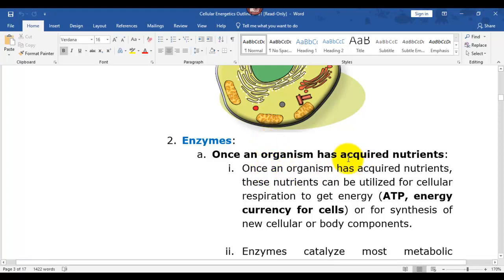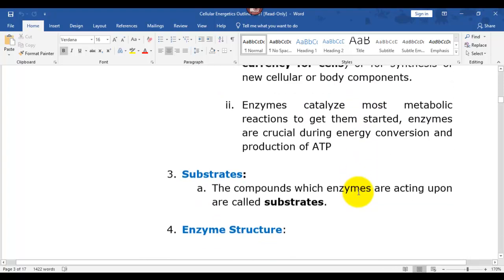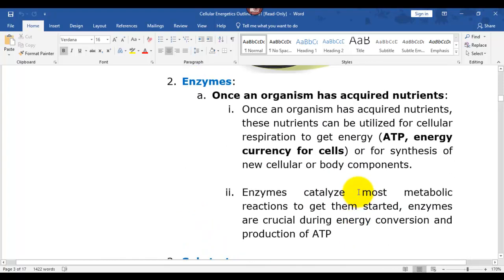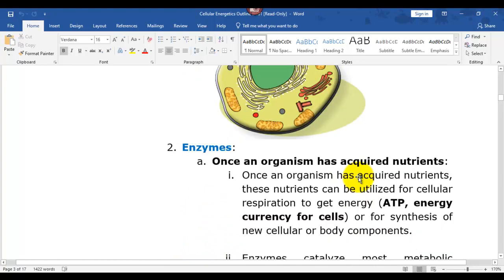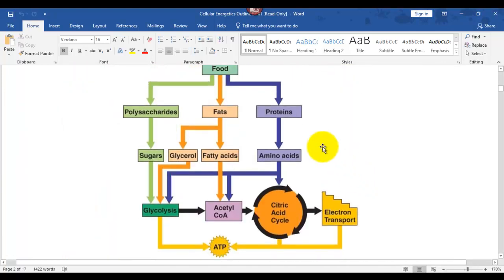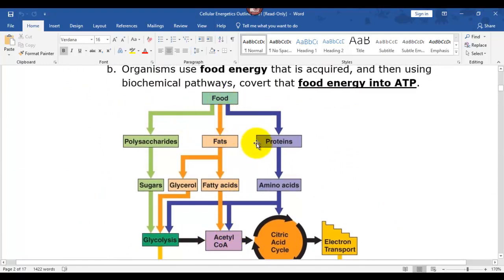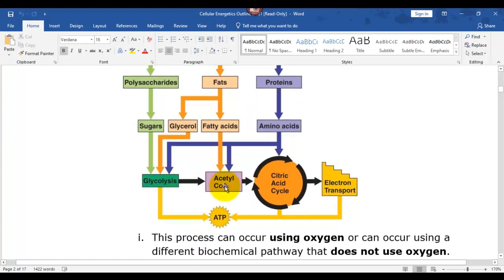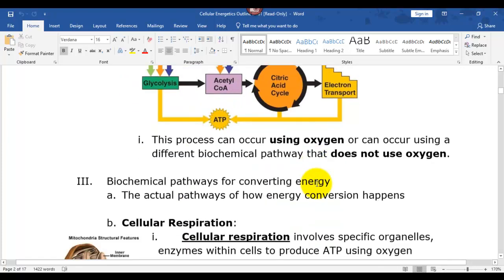Once an organism has acquired nutrients, these nutrients can be utilized for cell respiration. And you have to have an enzyme to power this whole pathway. So this whole thing up here, and I'll go back, this is all powered by enzymes. Enzymes are breaking food down into these categories that are smaller, and then enzymes are powering this whole process.